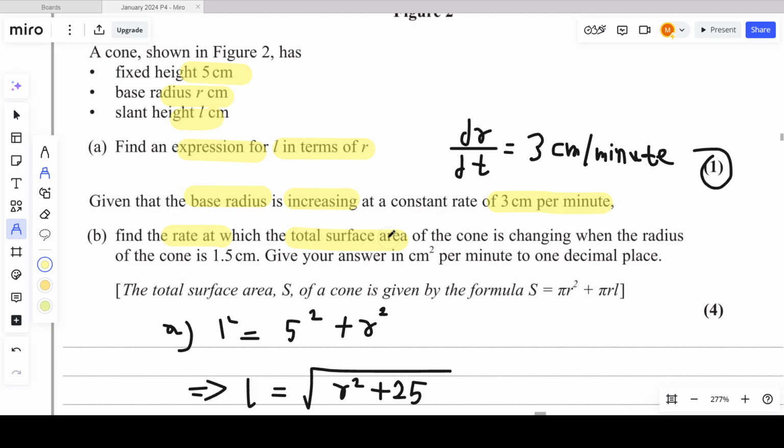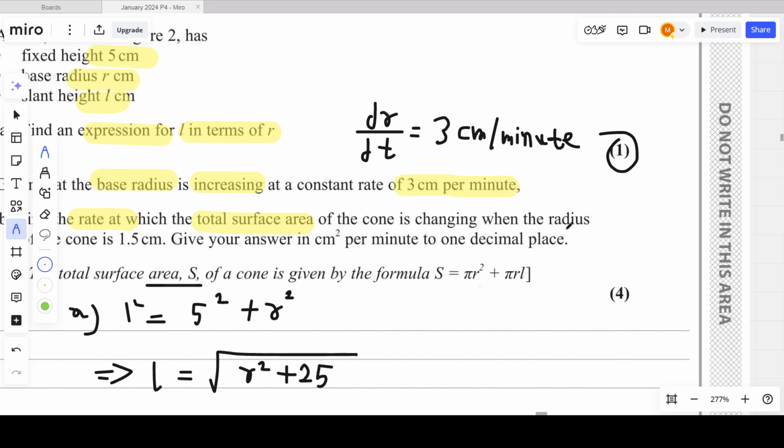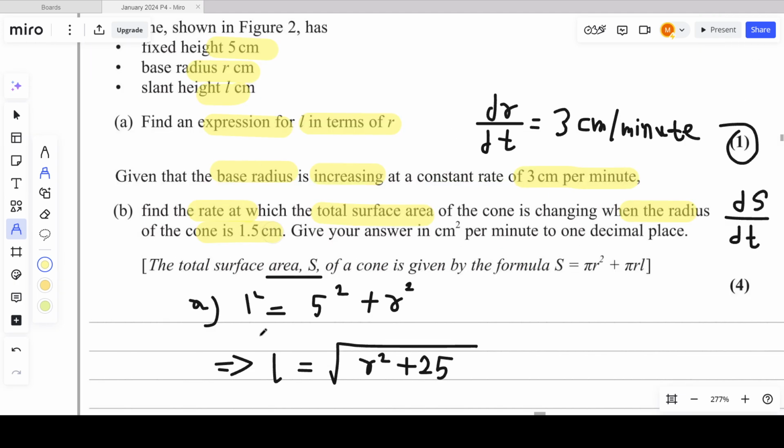The total surface area is represented by S, as they have given there. So the rate of change of total surface area is dS over dt, right? We need to find dS over dt when the radius of the cone is 1.5 centimeters. That means when r equals 1.5 centimeters, we need to find the value of dS/dt.